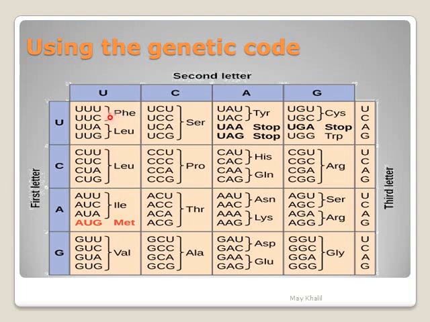Simply, how can we read it? Each codon is a triplet, made up of three letters. We read the first letter here, the second letter here, and the third letter, and we make a combination. I'm going to give you an example. If the codon is ACC, how do we find it? This is A, it's here.